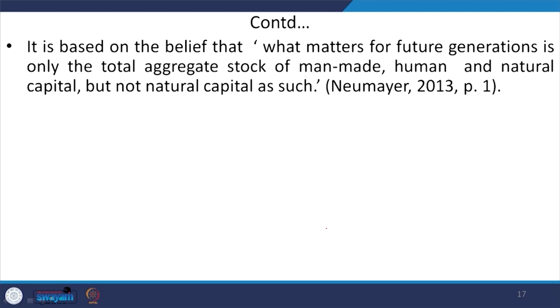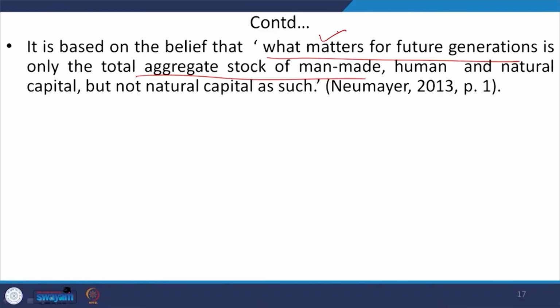So, we can say that this weak sustainability is based on the idea that what matters for future generations is only the total aggregate of stocks of man-made capital, human capital and natural capital. Natural capital is not taken as such.